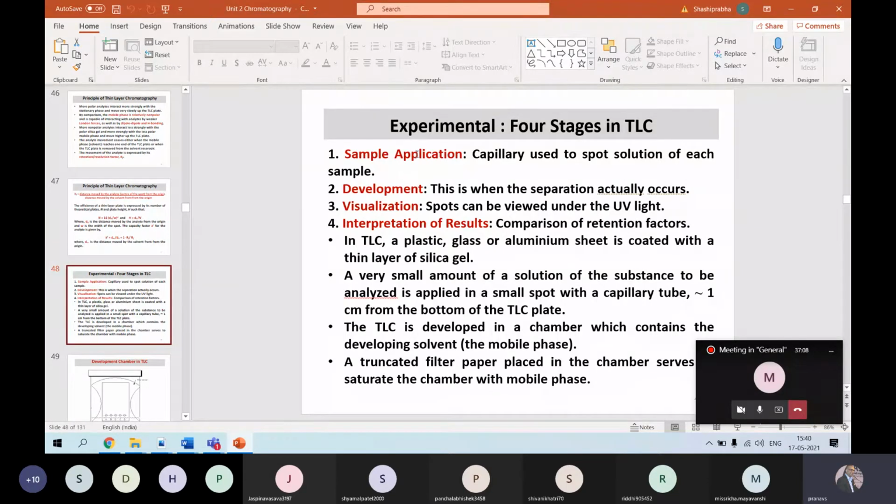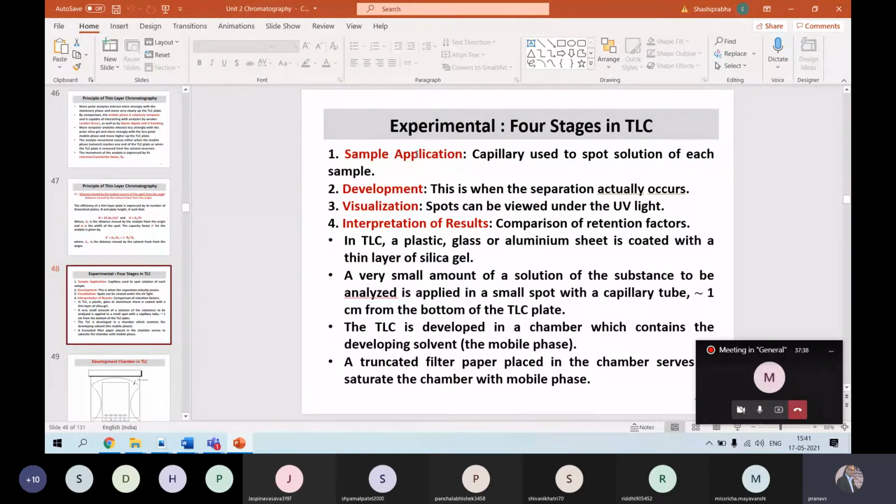So you dry it, and then you visualize, you see the spots through different means, but one can always see under the UV light. You can see the spots, and you can see very good fluorescence as well if those analytes start to give fluorescence. And then once you have visualized, you go for interpretation.